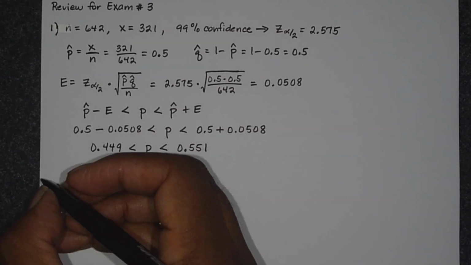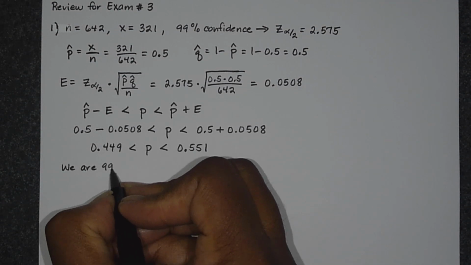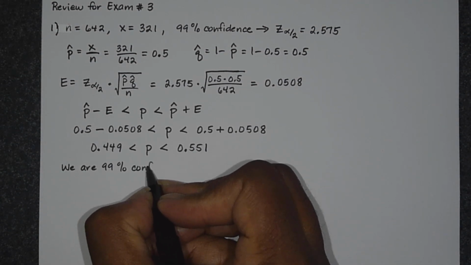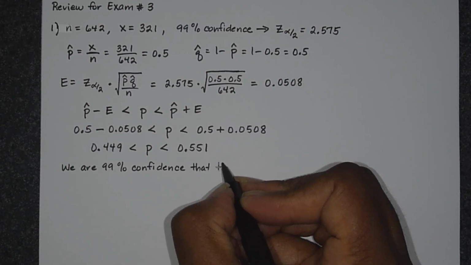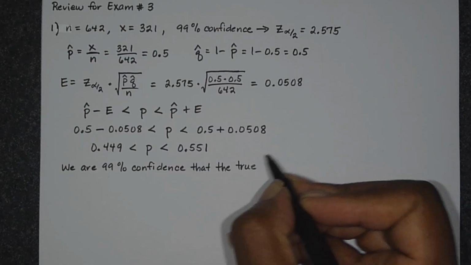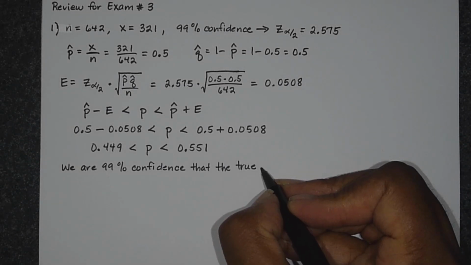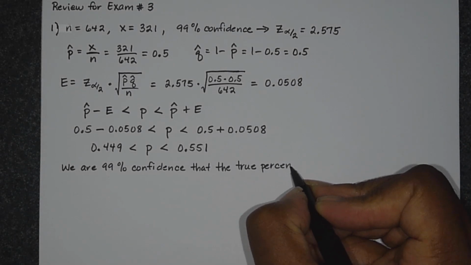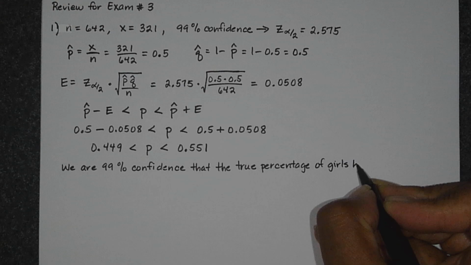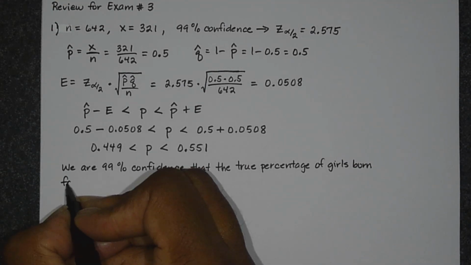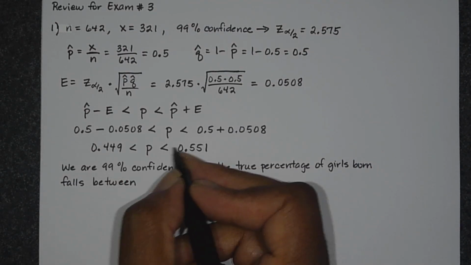Now, if we want to interpret this, we have to say something like this: that we are 99% confident, since we're constructing a 99% confidence interval, that the true percentage of girls born falls between, and if we're dealing with percent, we need to change these decimal values to a percent.